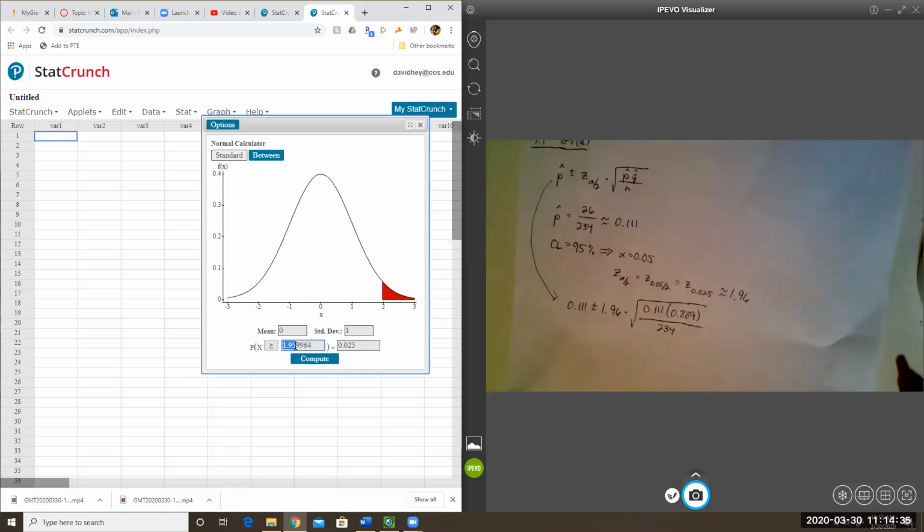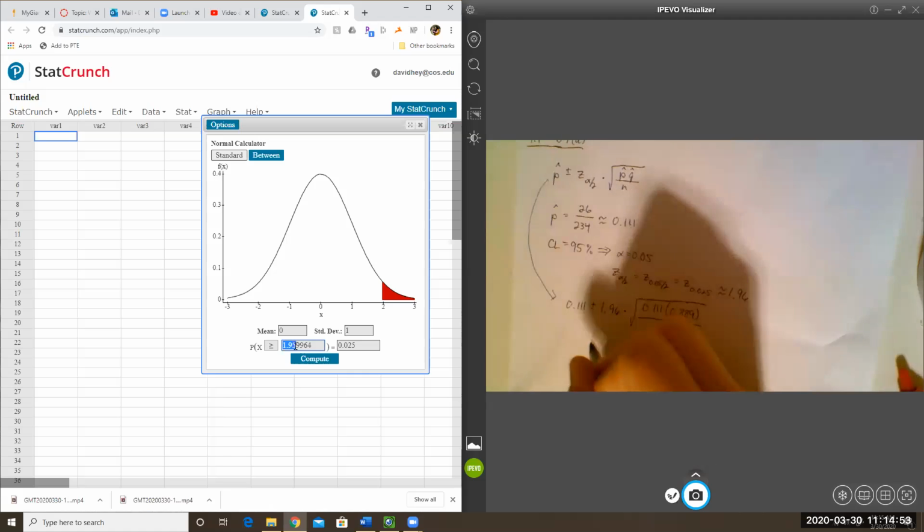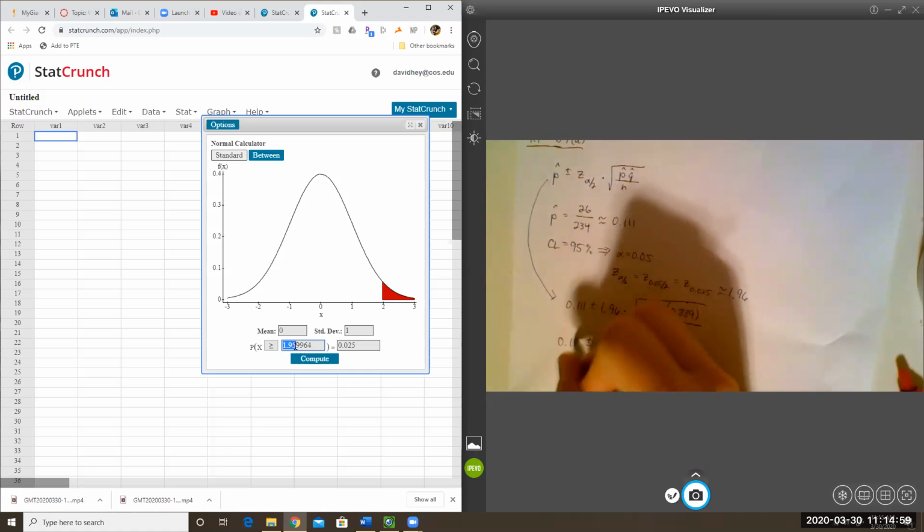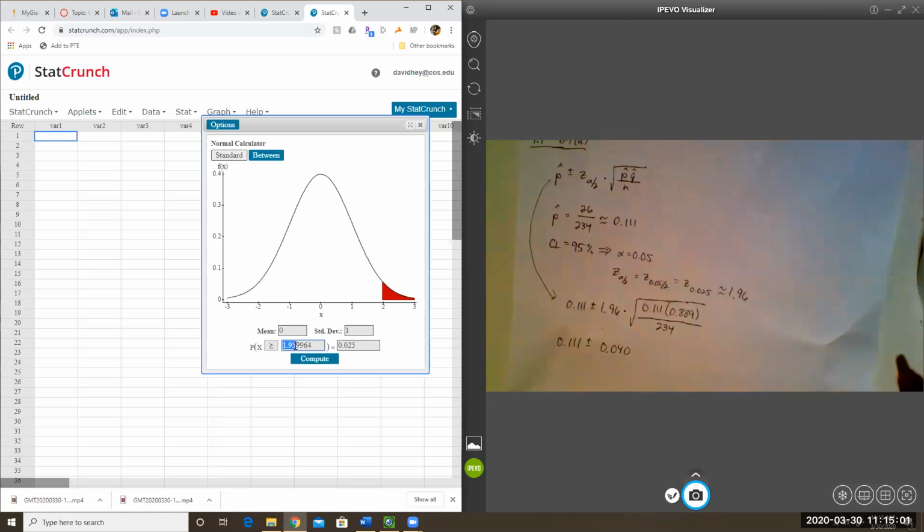So we punch that into our calculator. I'm just going to do this part of it first. I'm going to type in exactly what I see there: 1.96 times the square root of 0.111 times 0.889 divided by 234. So I get 0.040. So I have 0.111 plus or minus 0.040.